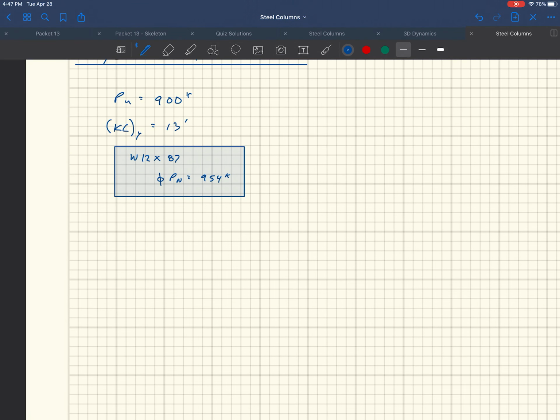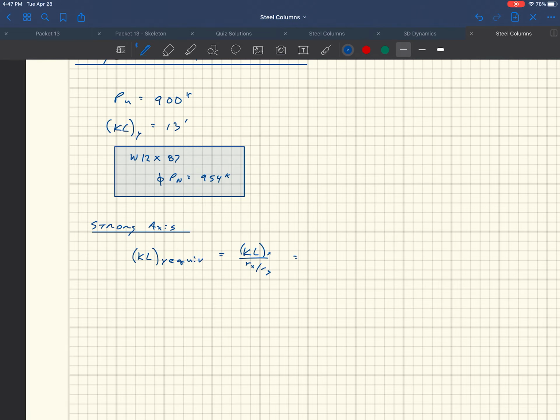So now we'll do strong axis. We look at strong axis here, and KLY equivalent is equal to KLX divided by rx over ry.